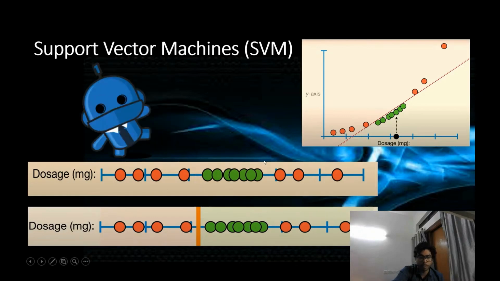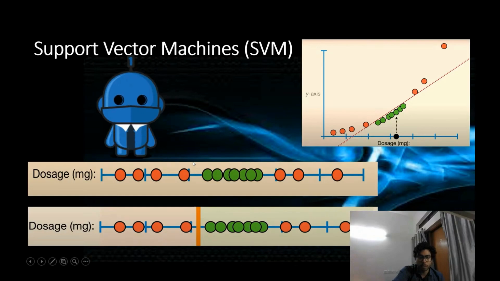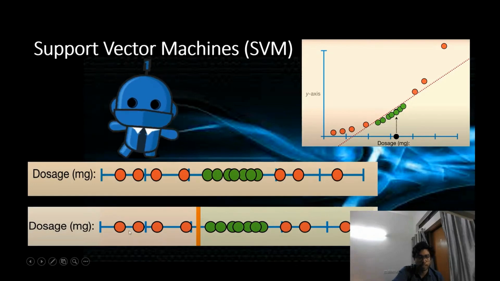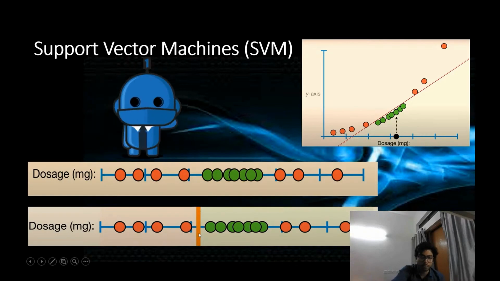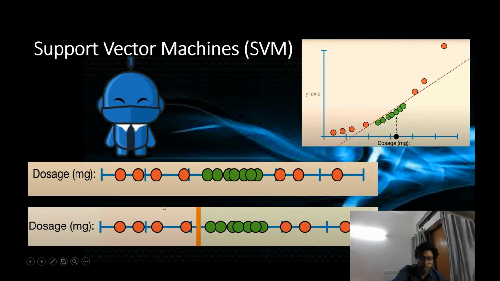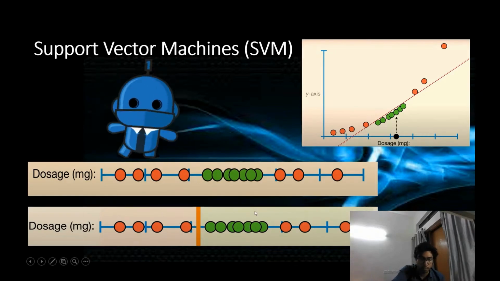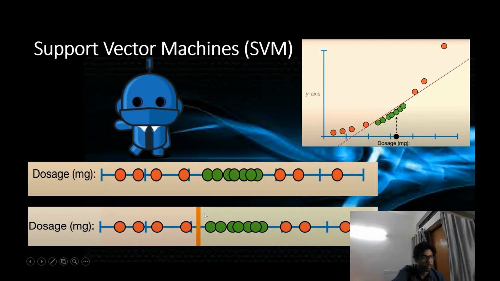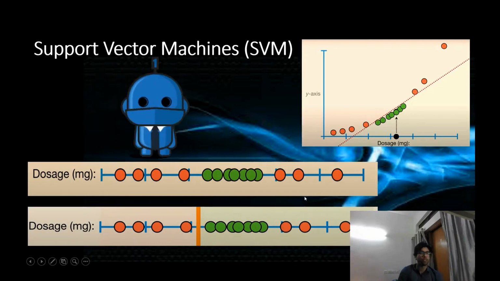But how can you separate these examples with a point? If you draw your orange line over here in the second picture and classify all the points to the left as not working and on the right as working, that doesn't work, because a very high dosage of medicine also doesn't work.